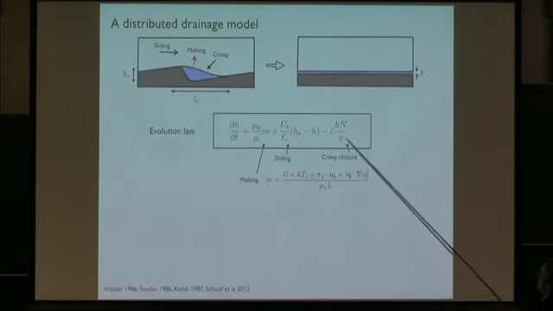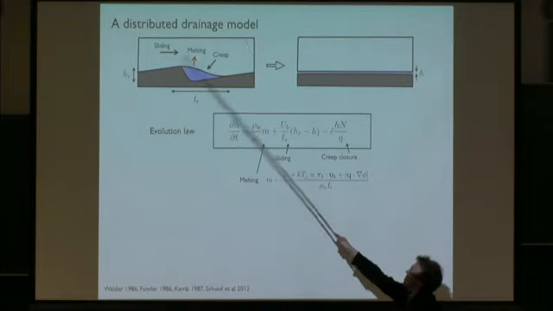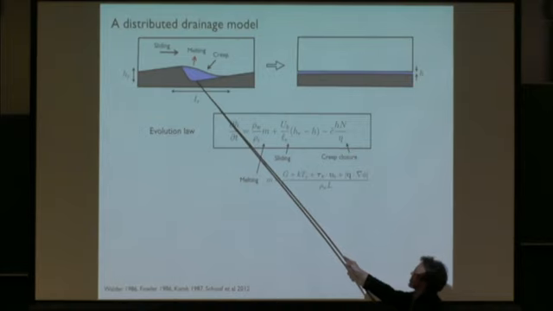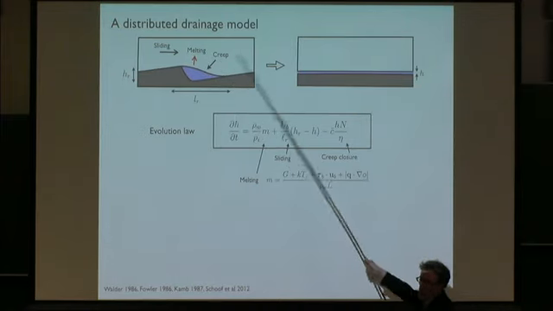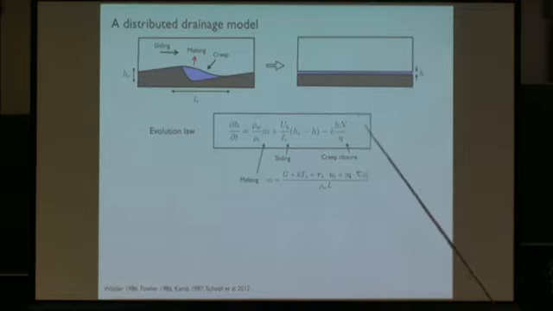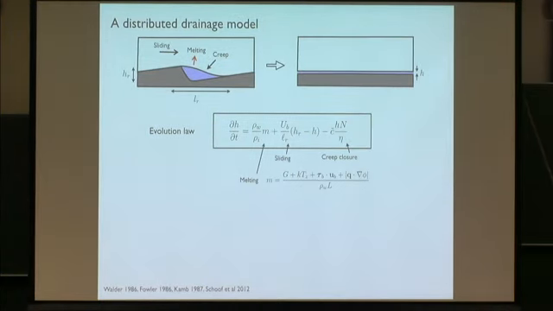And then this term here represents creep closure. So this is the fact that here the pressure difference between the far field out here, which is at the hydrostatic ice pressure, and the water pressure in here, that's this effective pressure, and that drives the ice to creep inwards. And that's what this term here is. This is like a compaction term in the equations that we heard about this morning.